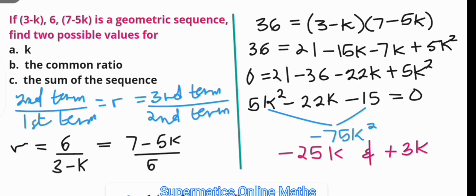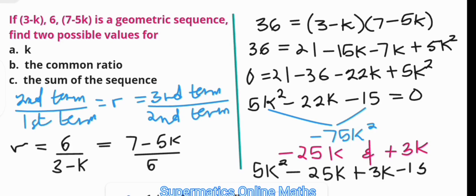That is, the product of negative 25k and positive 3k gives negative 75k squared, and when added together, they give negative 22k. So the expression on the left hand side can be broken down into 5k squared minus 25k plus 3k minus 15 equals 0.